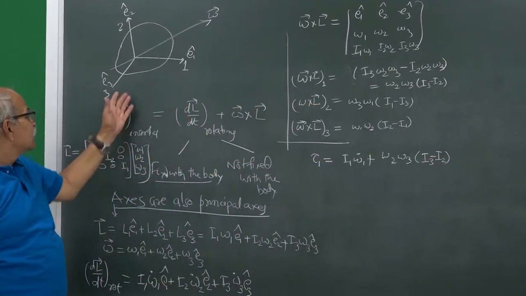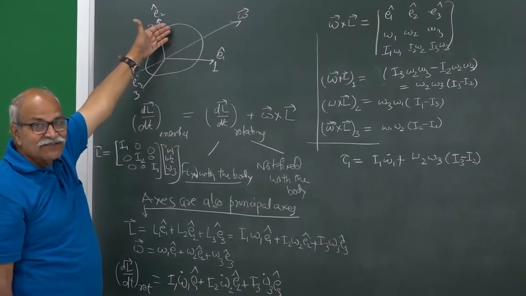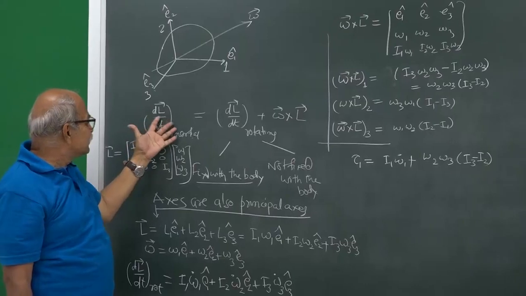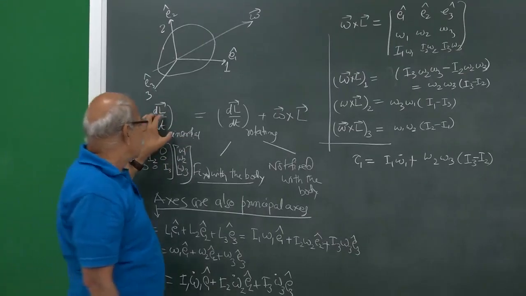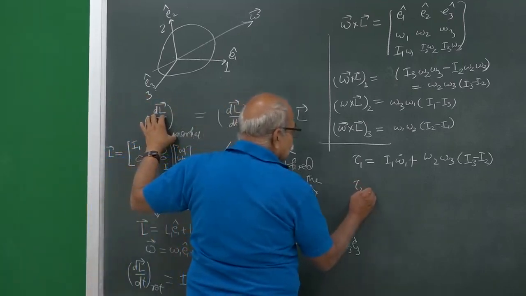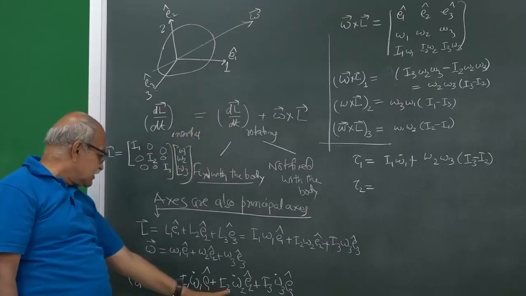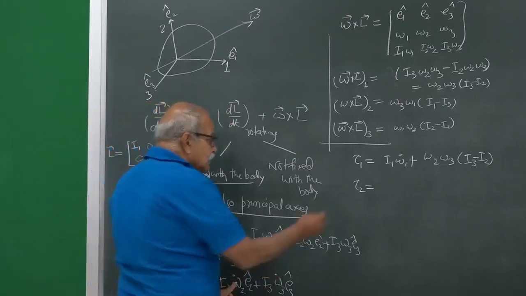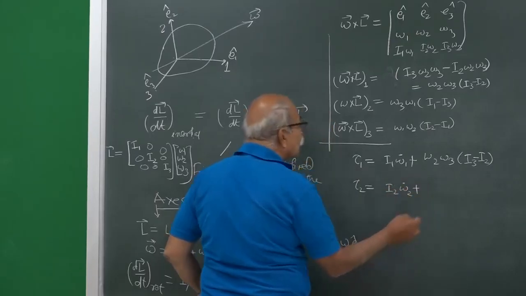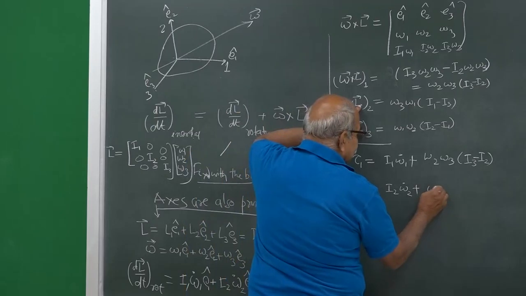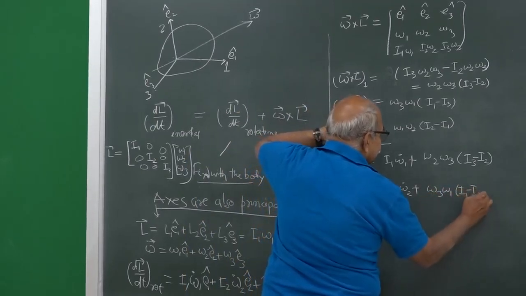Then the two component along this principal axis will be tau 2, in the inertial frame of reference, dL/dt is the torque. So, tau 2 is equal to, and then the two component of this is I2 omega 2 dot, plus the two component of this, which is omega 3 omega 1 and I1 minus I3.